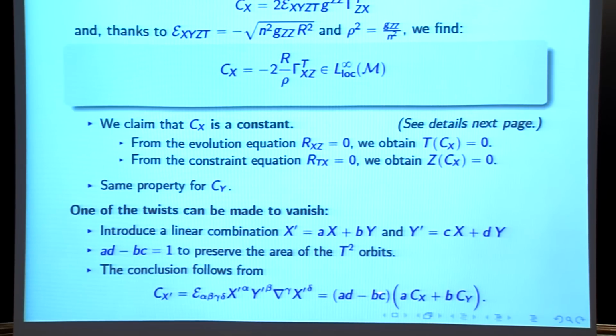So you have AD minus BC, but this is 1, so it would not contribute. But what is important is that by doing a linear combination of the 2 killing fields, what you have done is you have done a linear combination of the twist constants, right? So now you can easily choose A to be the ratio of Cy over Cx, minus that, or something like this. And you arrange that one of them would be 0, and the other one may be non-vanishing.